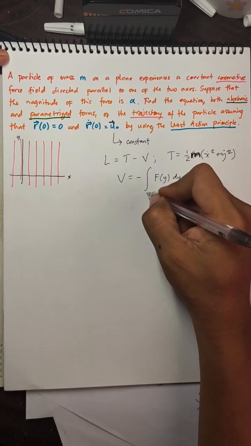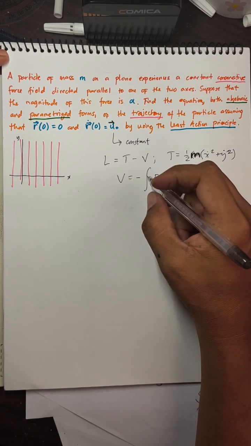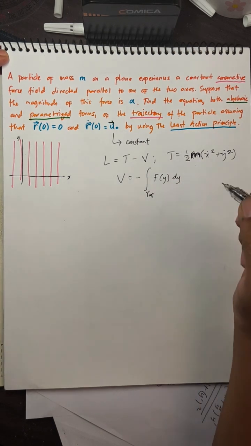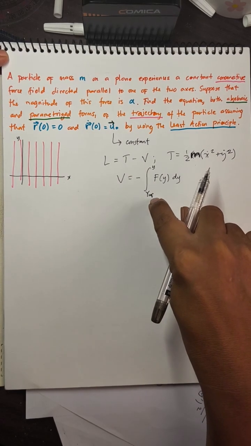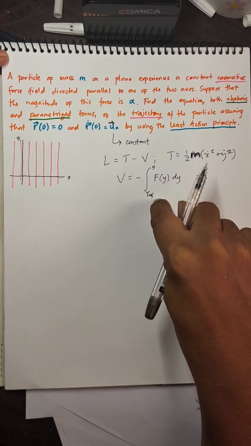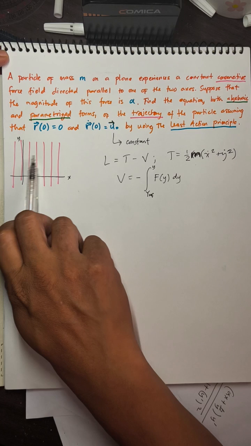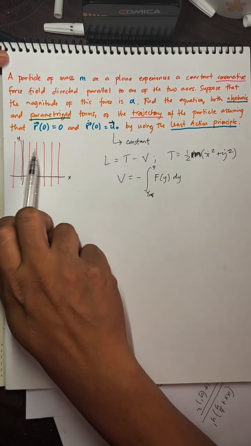It starts from a reference point, let's call this y ref, from y ref to some point y. So what is y ref? This is our zero potential reference. It can be anywhere. We can set the zero potential here or here at different y.